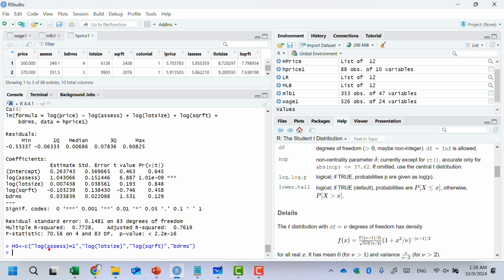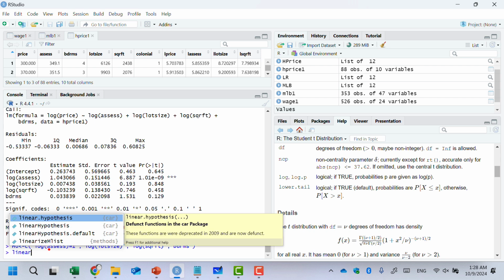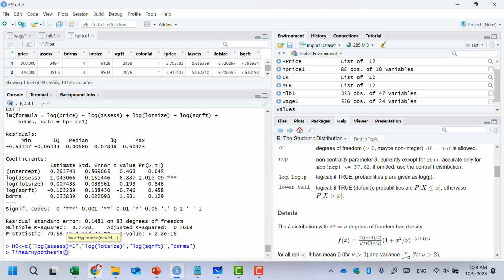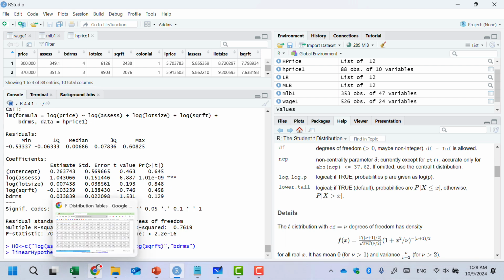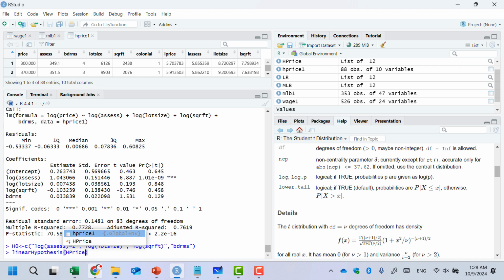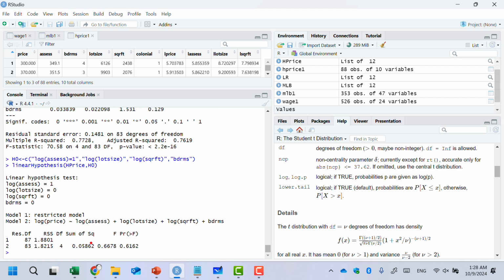Okay, and then we can simply put in the linear hypothesis: our regression model hprice, comma, H0. Okay, so then you can see the linear hypothesis test.